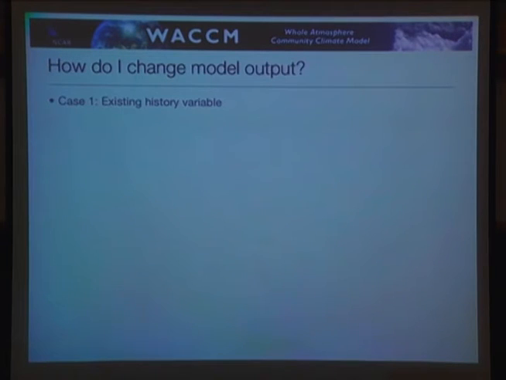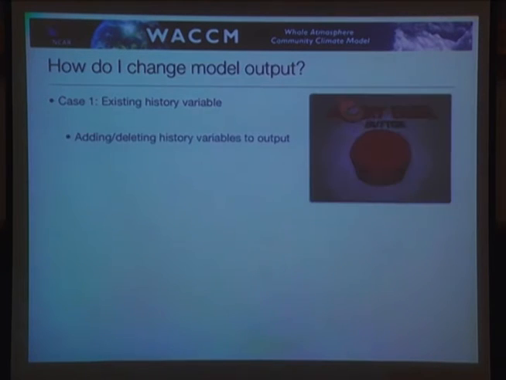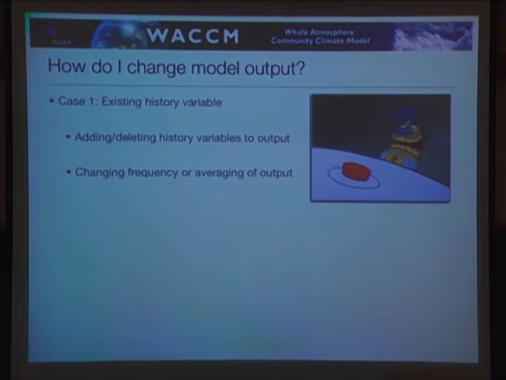In the first case, you might want to add or delete an existing history variable. So there are a number of variables that are output by default. You might want to hit the history eraser button and delete that from the output to save you some space in the output. Or you might want to add new variables. You might want to change the frequency of the averaging of the output for these variables.